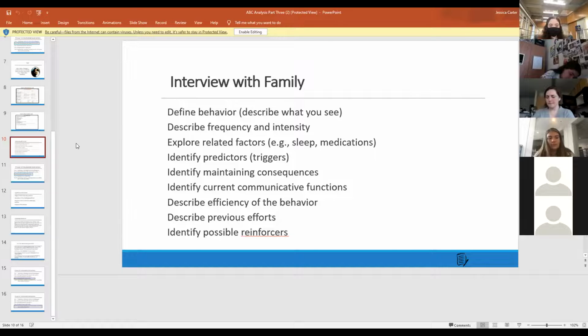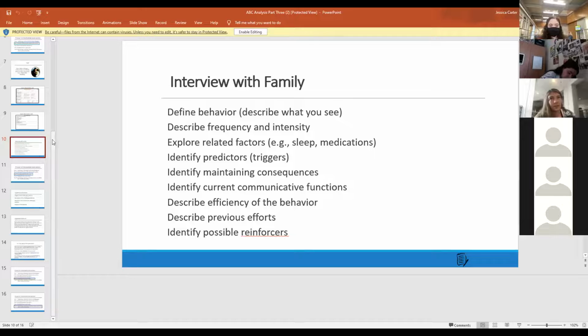We're talking about frequency and intensity. We're asking the family's input on, are you seeing these things at home? If so, what do you think might be contributing to it? That type of conversation we need to have with families in a formal setting.